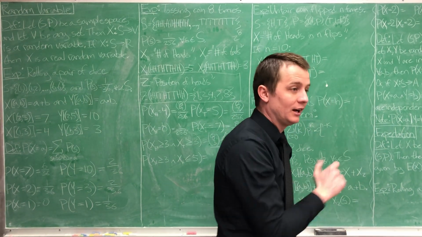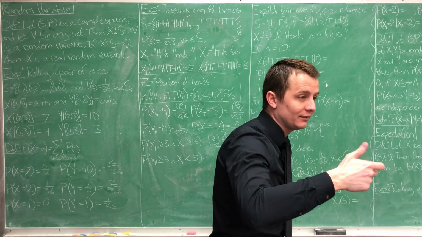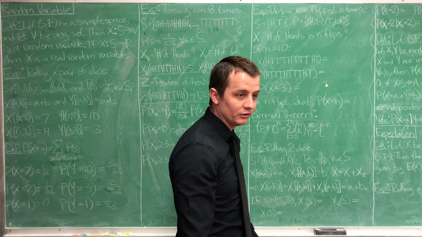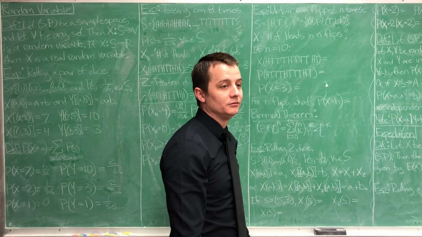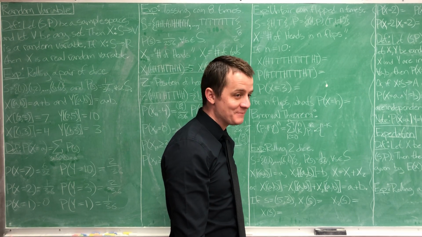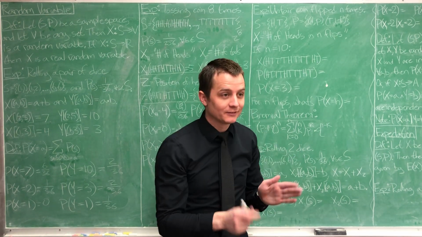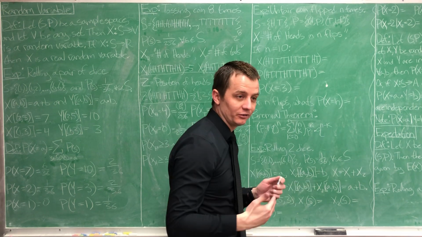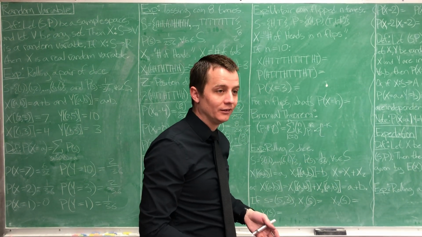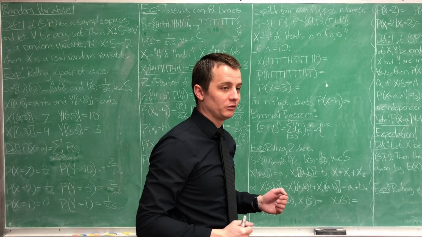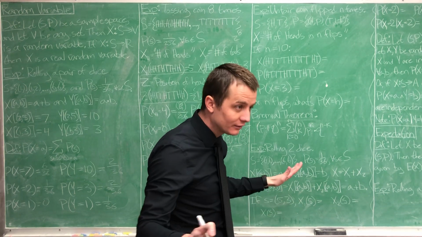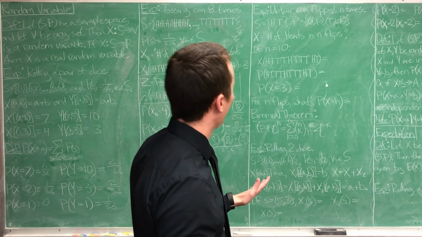We're going to flip the coin n times. Let's say n is 6. I flip the coin 6 times. 2 of them come up heads. What is x of those 6 flips? 2. It just counts the number of heads. That's all x is doing. Nothing tricky.